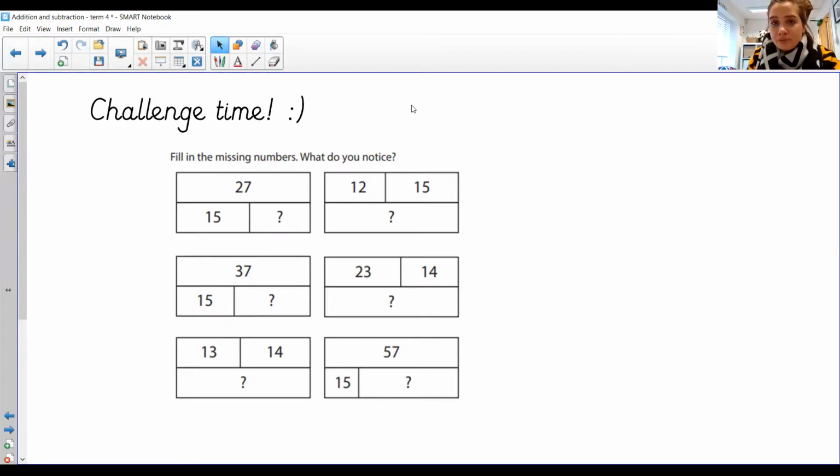And I know that I'm exposing you to lots of different models, but that's what Mastery Maths is all about, because we've got our bar models and our part wholes to help us with our calculations. But then we've got Deans and we've got our number lines to physically help us work out the answers so we get it accurately. And it is great to use your head.